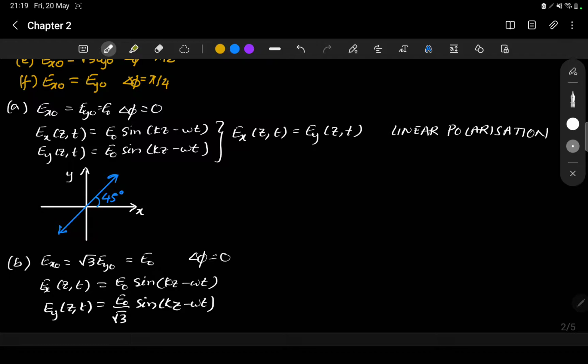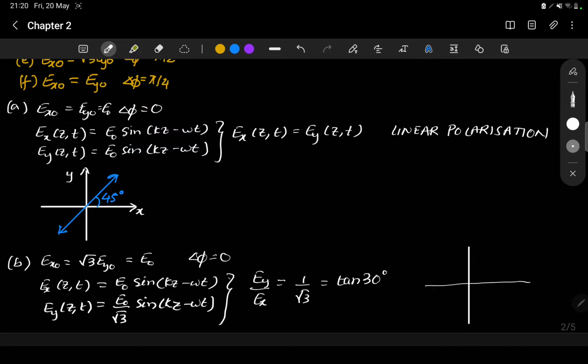Delta phi is 0. So from this set we get Ey over Ex equals 1 over root 3. We take the ratio of these two. So this is 1 over root 3, and this is nothing but tan of 30 degrees.